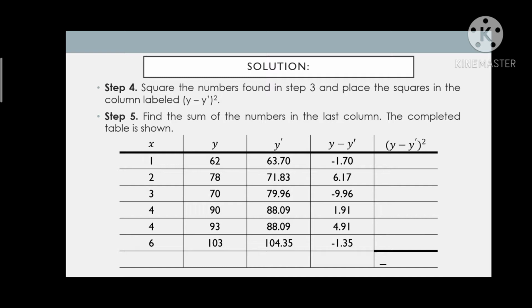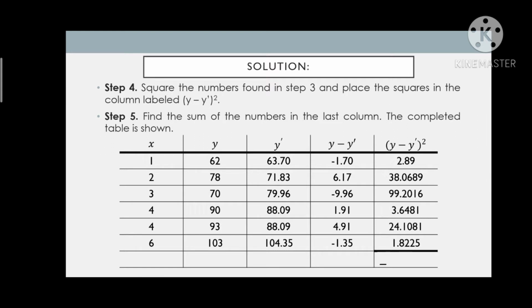We have negative 1.70 square equals 2.89, 6.17 square equals 38.0689, negative 9.96 square equals 99.2016, 1.91 square equals 3.6481, 4.91 square equals 24.1081, negative 1.35 square equals 1.8225.